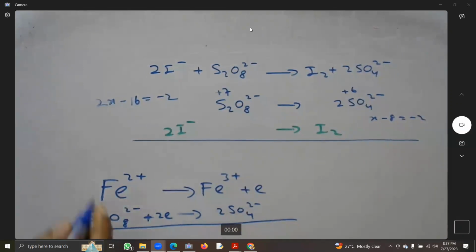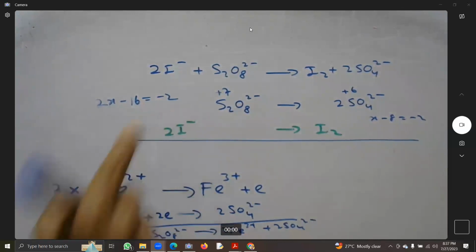So now what do we do in S level? We multiply the upper one by 2, and this by 1, and we add it. So when I get the overall equation, it will be 2 Fe2 plus plus S2O8 2 minus will form what? 2 Fe3 plus plus 2 SO4 2 minus.